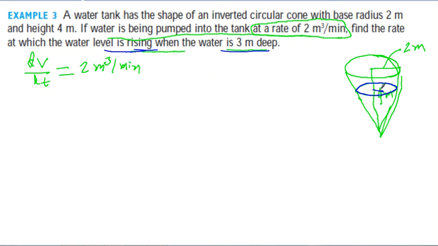So suppose here is somewhere h. So you are going to find dh/dt. I have not taken the whole height, I have taken only till the water. So dh/dt you are supposed to get when h equals 3 meters.